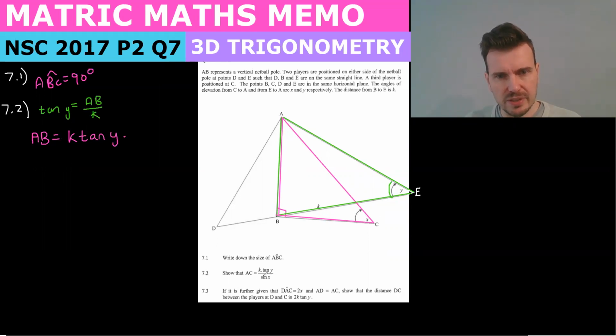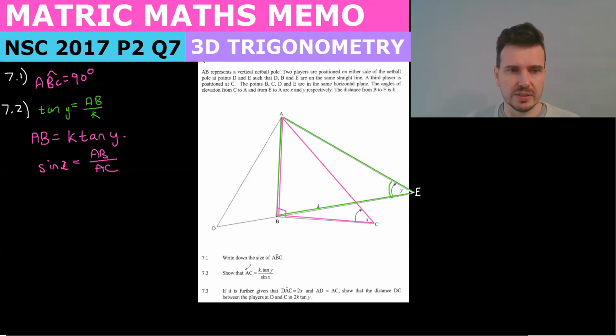And then the other thing in the solution is they want sine X. So let's get sine X. Sine X is opposite over hypotenuse. So it's AB, which is the thing that's linking the triangles, over AC, which is the hypotenuse, and it also happens to be what we need. So let's get AC by itself.